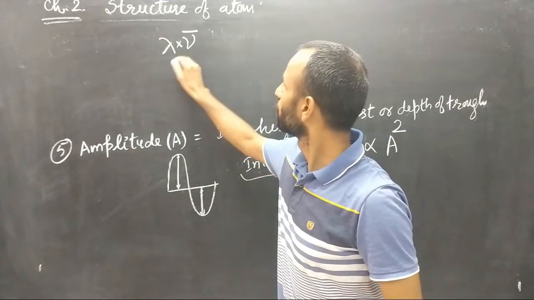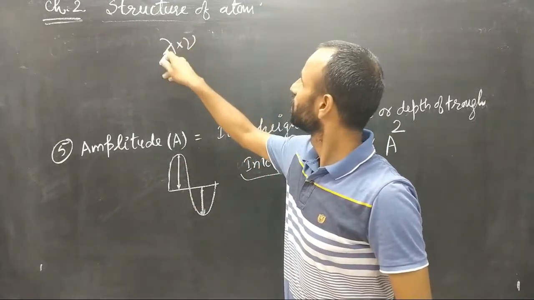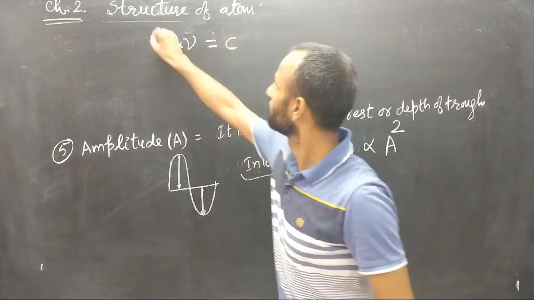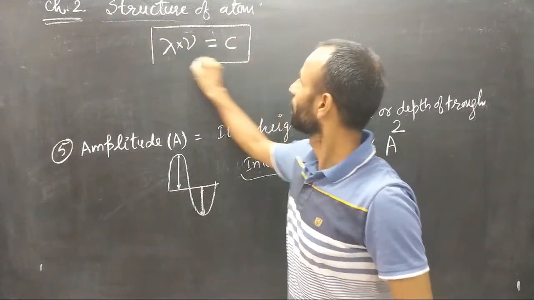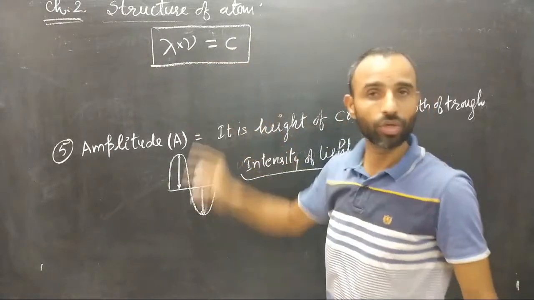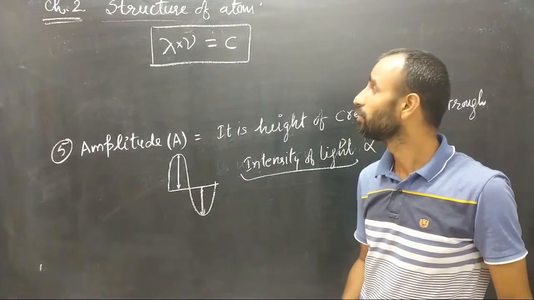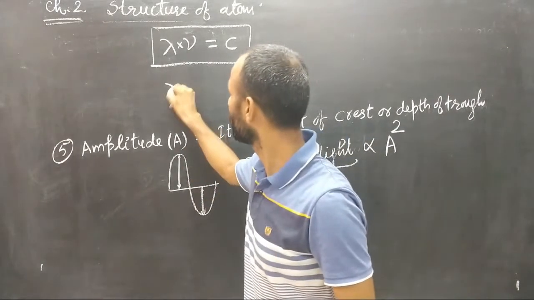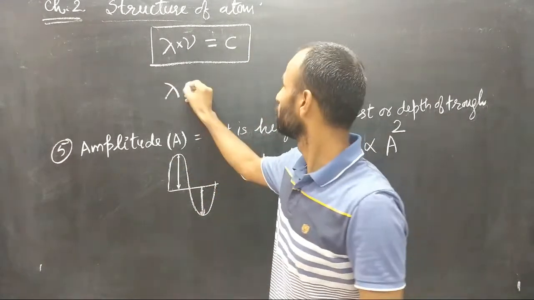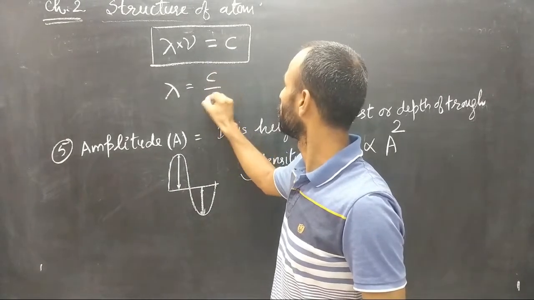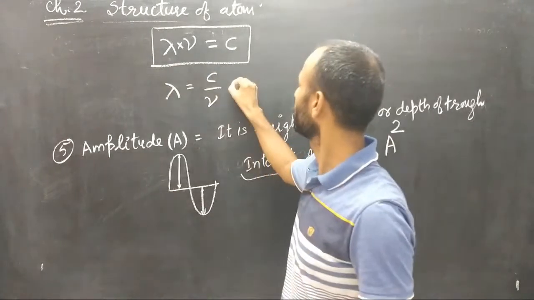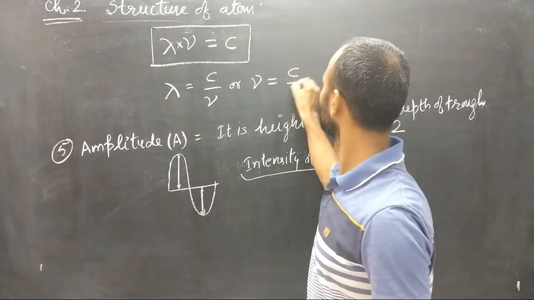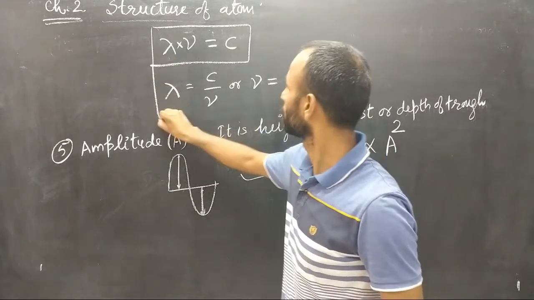So lambda into nu gives c. Lambda into nu equal to c. That is the relation between wavelength and frequency. That means if you know the frequency, you can calculate the wavelength, or if you know the wavelength, you can calculate the frequency.